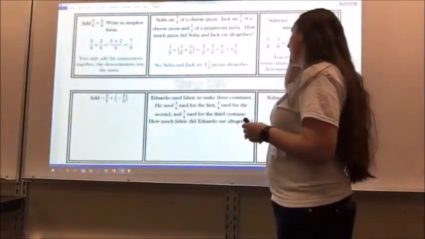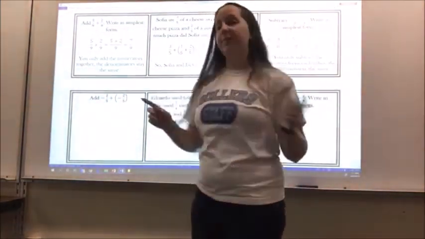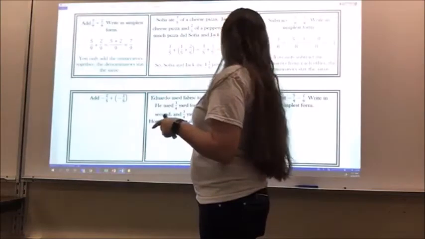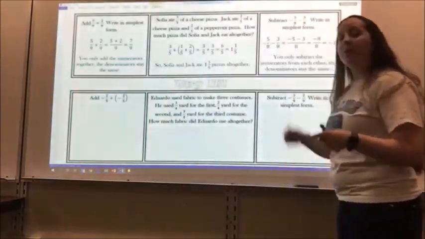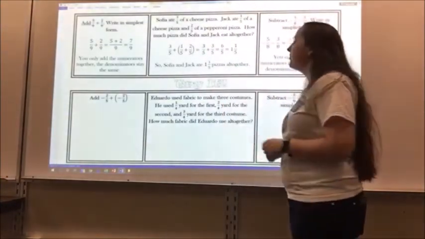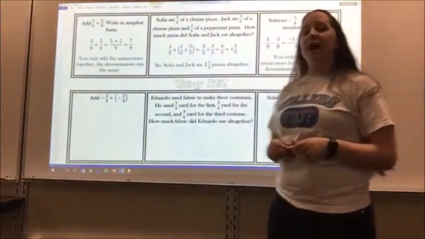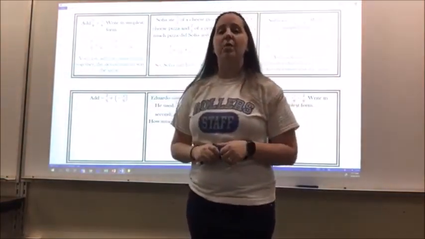For the first one, I have -5, and it tells me to go backwards -3: 1, 2, 3. So I'm getting a bigger negative number, -8. There are a couple of try it problems below. Go ahead, pause the video, try them out, and when you're done, we'll go over the answers together.